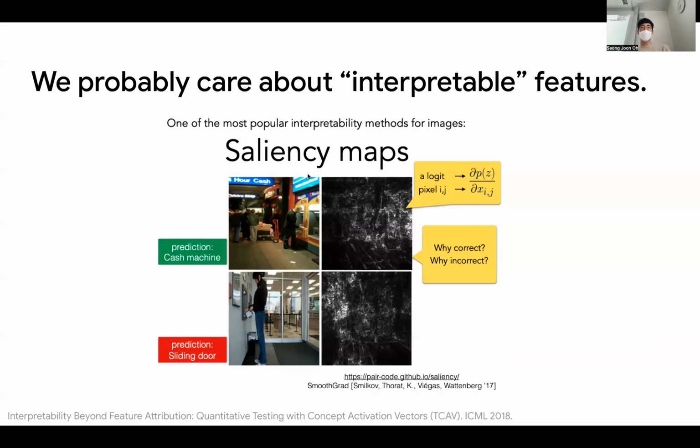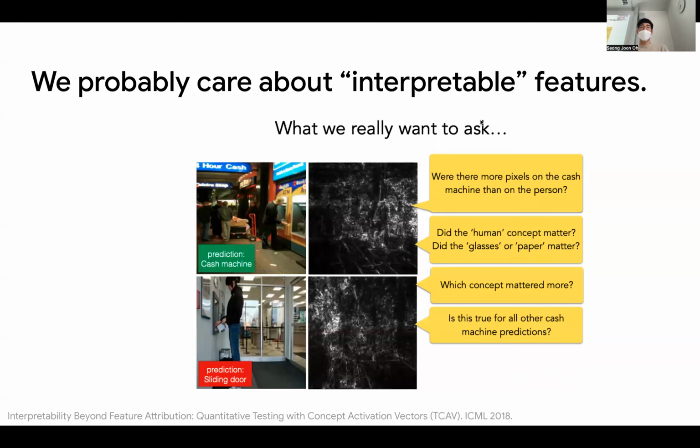So they complained first about input gradients again, right? Because if you look at the input gradients, you do not have any information about where the important object for prediction is and so on. There's no way we can read this kind of map. Instead, what we really would like to ask is more semantic.